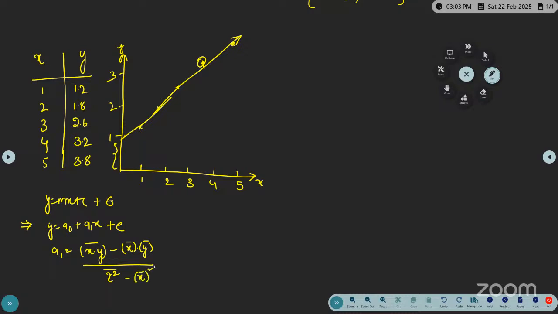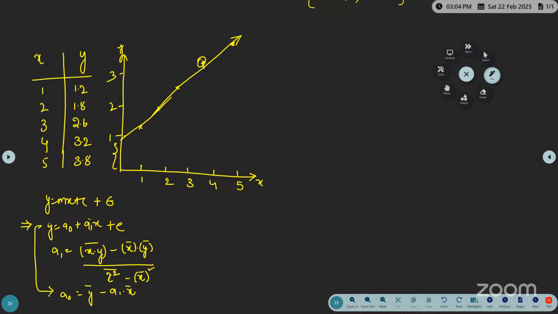This is the a1 value. And for a naught, it is y mean minus a1 into x mean. This statement came from the same statement that we have over here.